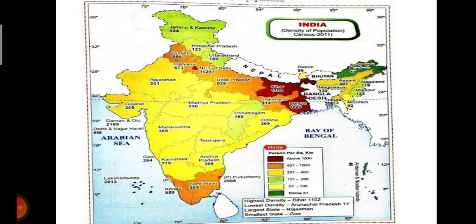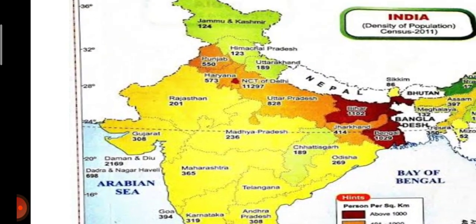You can see in the map the density of the different states here. In Jammu and Kashmir it is 124, Himachal Pradesh 123, Uttarakhand 189, Uttar Pradesh 828, Bihar 1102, Jharkhand 414, Bengal 1029, Madhya Pradesh 236, Chhattisgarh 189, Maharashtra 365.